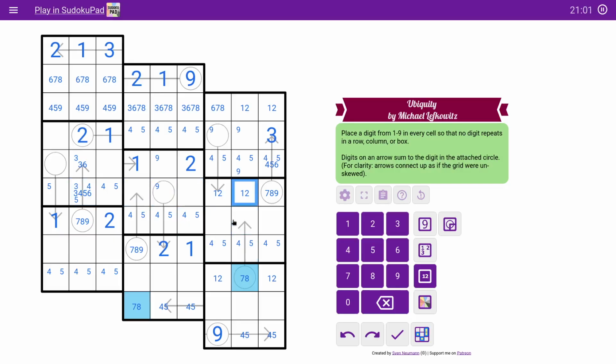Where is this cell up here? Must be here, right? Can't be here. Can't be here. Could be here. Or here, I guess. Yeah, it's one of those places, which means it's one of those places.